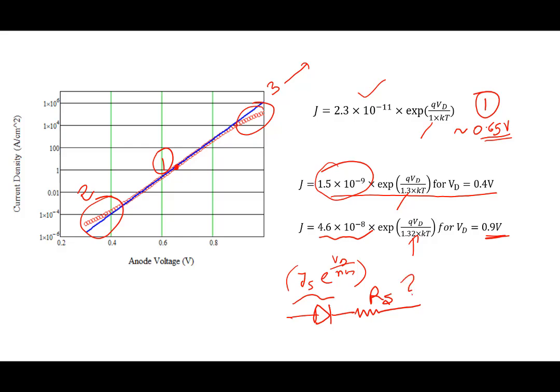But time was limited, and there's a lot more, so I'm not expecting anybody to have done this, evaluating, let's say, the value of RS and things like that here.